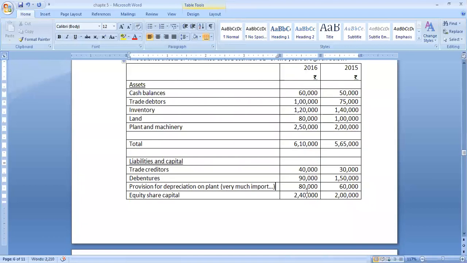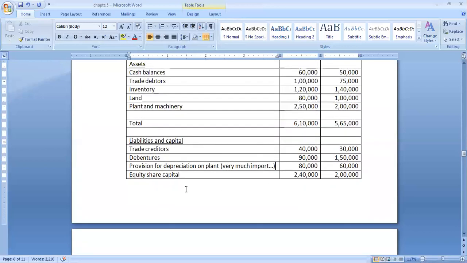You can prepare a separate account for provision for depreciation to find out the actual depreciation for the current year. Or else, instead of preparing it, you can just take the 60,000 and the 80,000 information. What is the difference here? It is just 20,000. So that 20,000 is treated as the depreciation for the current year.